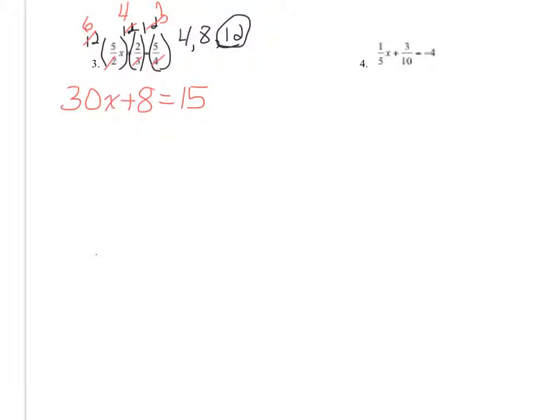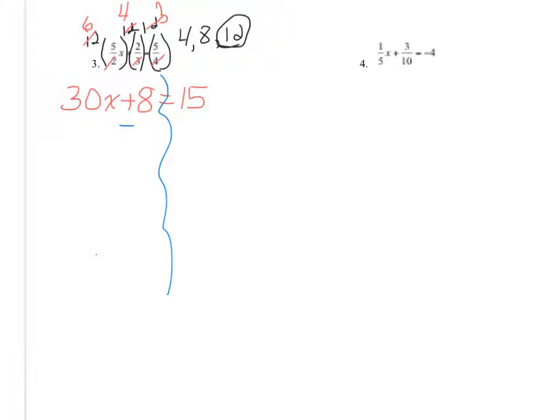Now our fractions are gone and we have a regular equation right here. No fractions that we can solve. So I'm going to draw in my river. I have to combine 8 and 15. But they're on opposite sides of the river, so I have to do opposite operations.